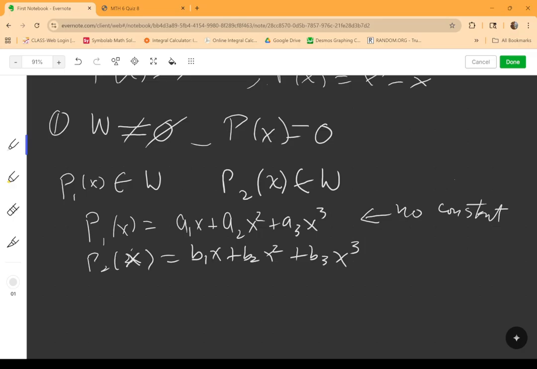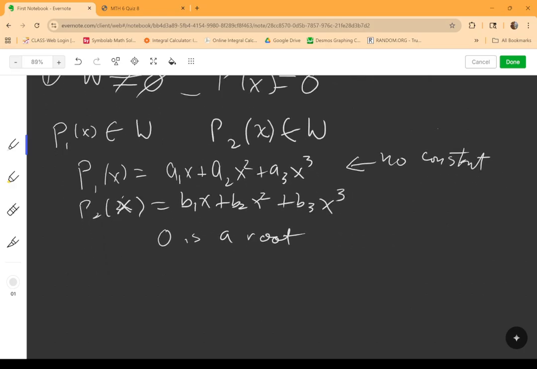So it has 0 as a root for both of these. Now let me see if it is closed under addition. These are just two general polynomials in W.